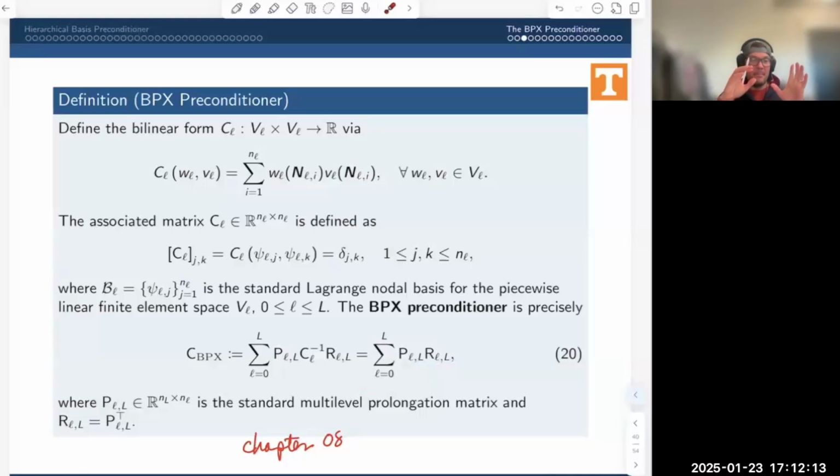So I have to do matrix-vector multiplications in a fast, efficient way. Here, those matrix-vector multiplications might not be quite as efficient as they would be in the hierarchical basis setting.